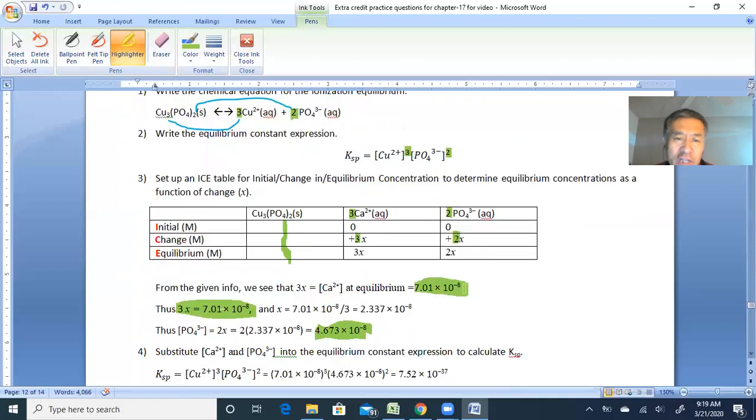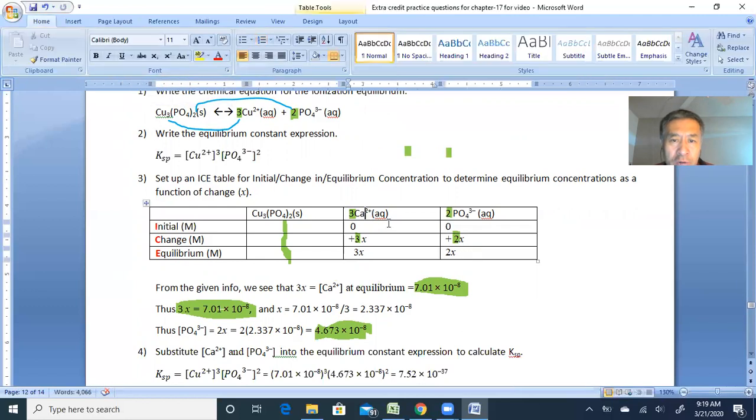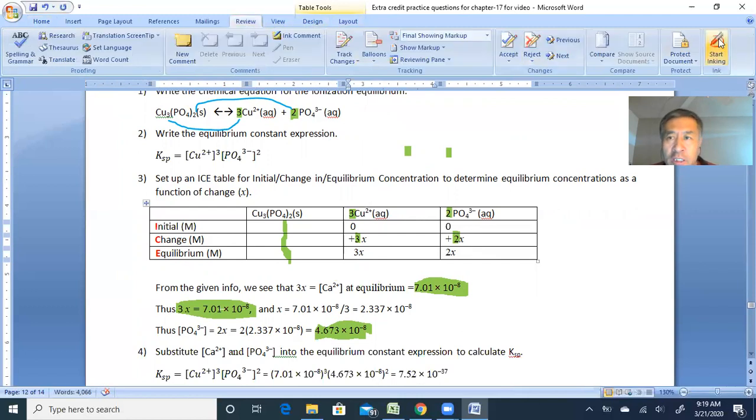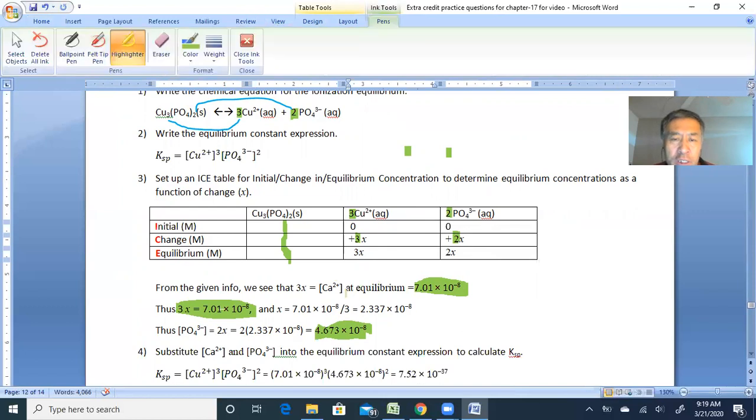So then we have another piece of information. We know at equilibrium, the concentration for the Cu, there is a typo here for the Cu, is given.